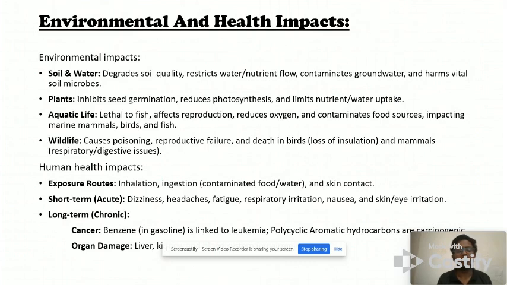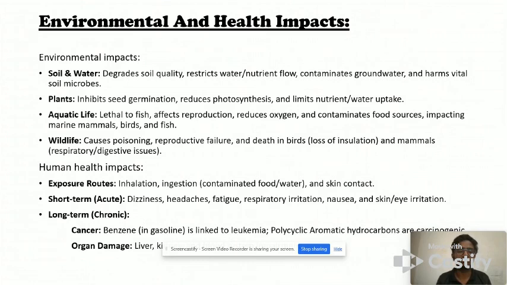Coming to human health impacts, we have exposure routes like inhalation, ingestion, and skin contact, through which we could acquire some health hazards. Short-term hazards include dizziness, headaches, fatigue, respiratory irritation, nausea, or skin and eye irritation.